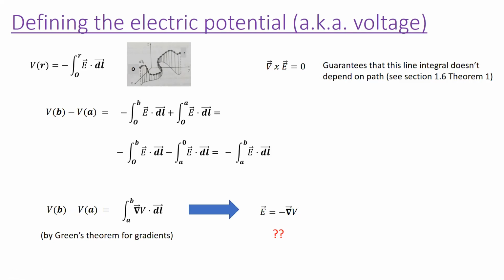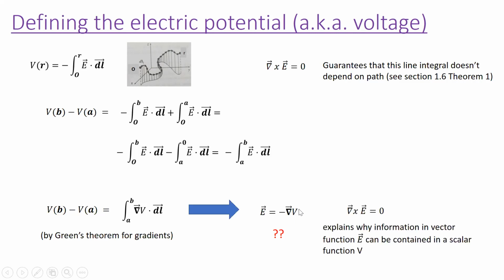But you might be asking a question. How is the electric field, which contains three pieces of information, x, y, z components, at every point in space, how can that be represented by a scalar function which only has one piece of information at every point in space? Again, it's the fact that the curl of E equal to 0 explains that.